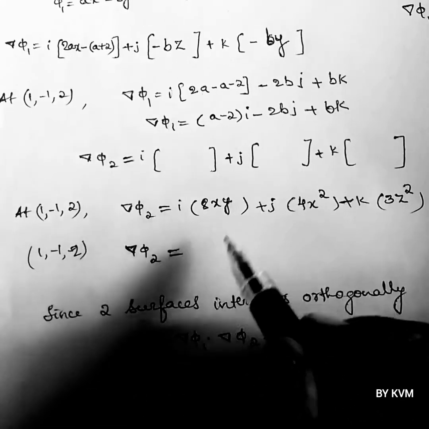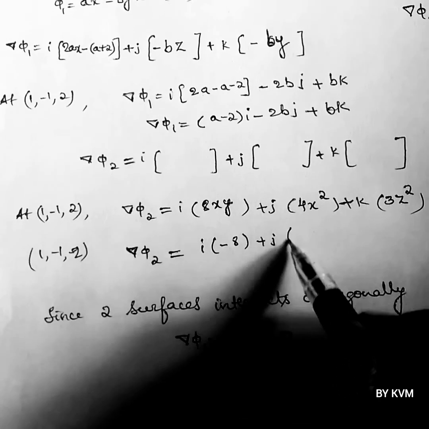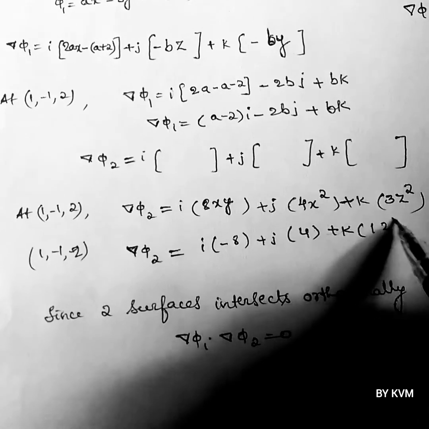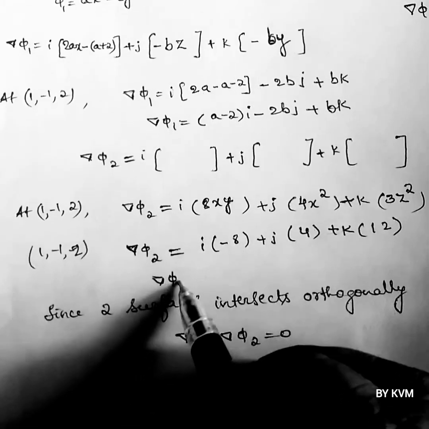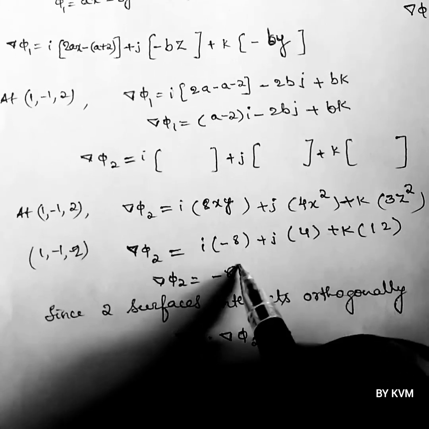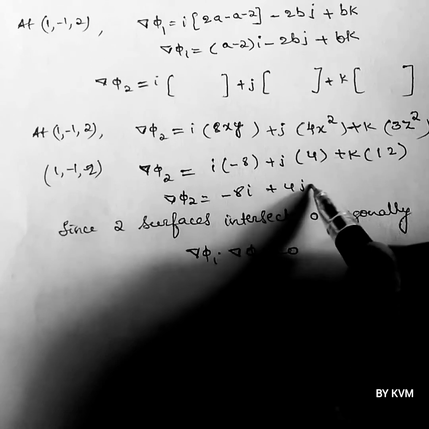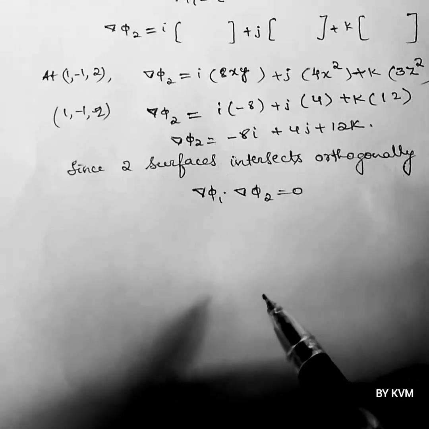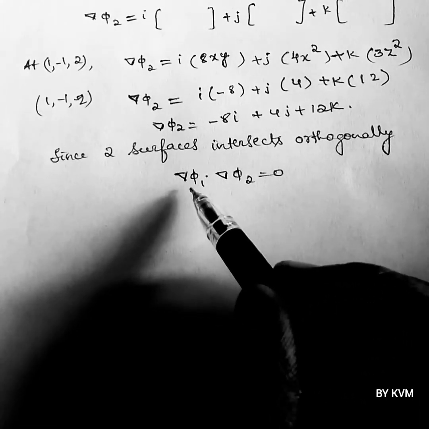So del phi 2 is i of minus 8 plus j of 4 plus k of 12. So del phi 2 is minus 8i plus 4j plus 12k.